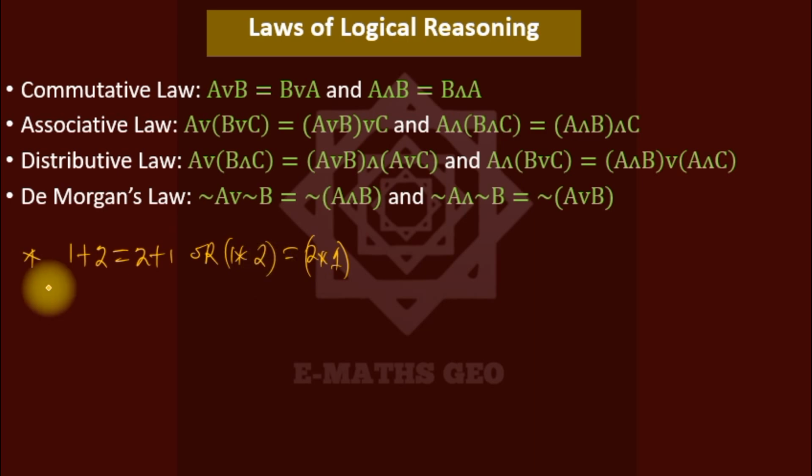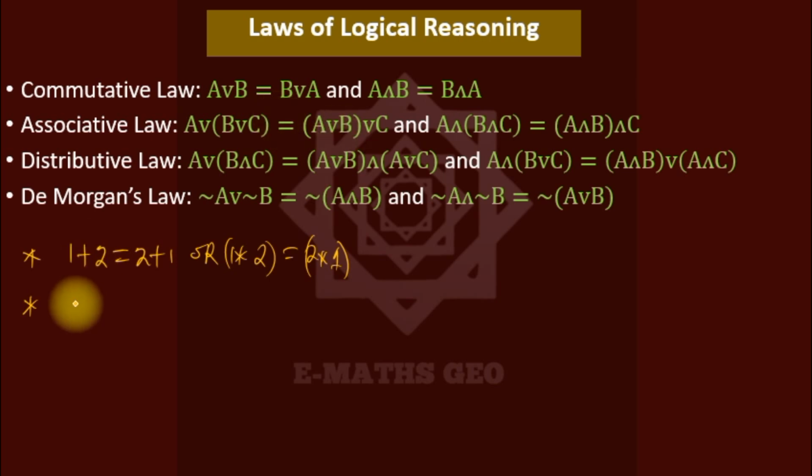Coming to the second one, associative law, if you notice the symbol here, disjunction, it must be the same. So we have more than three statements, and if you notice, they will have the same symbol. So see what I'm trying to say.